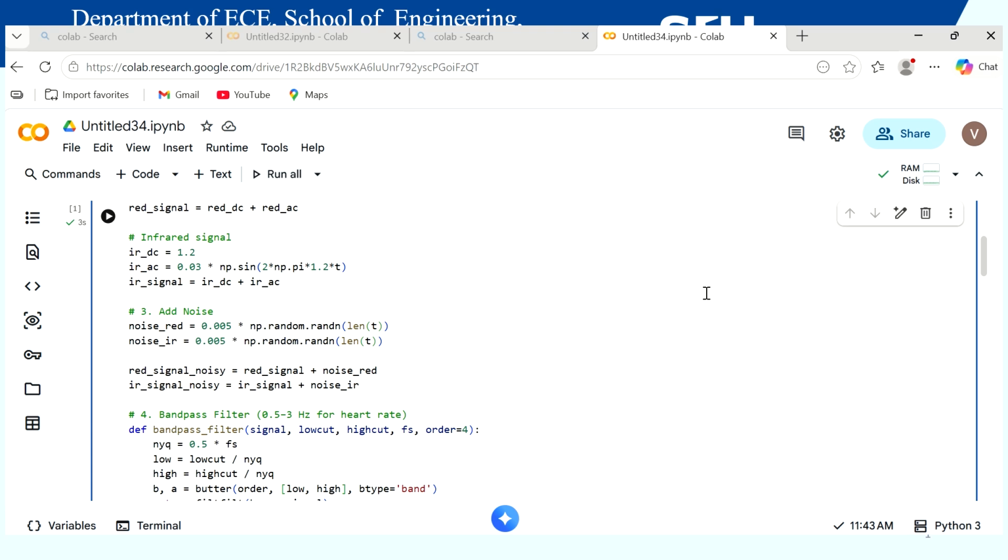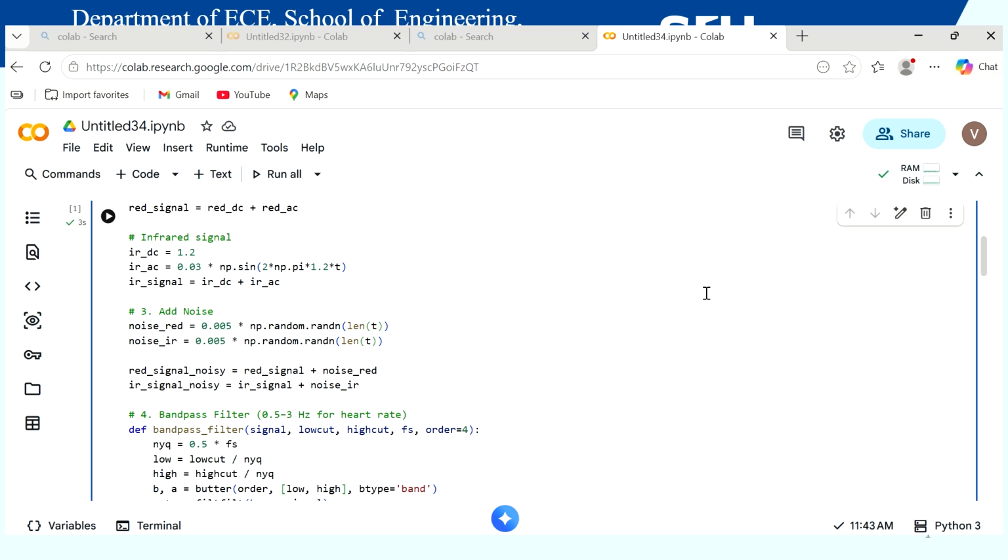It will come from the sensor noise also, since we are using the sensor to measure. And then ambient light interference, so from the environment also. Because from the environment, from the sunlight, we can expect some radiation, red or infrared.